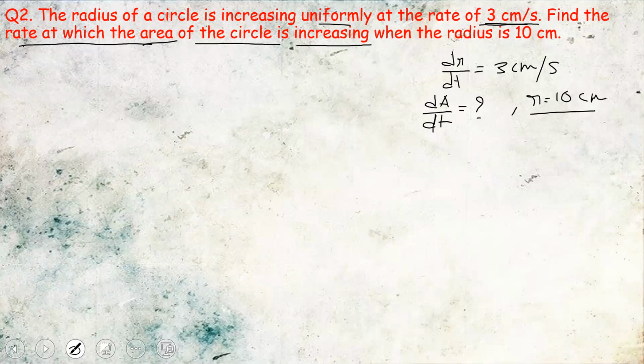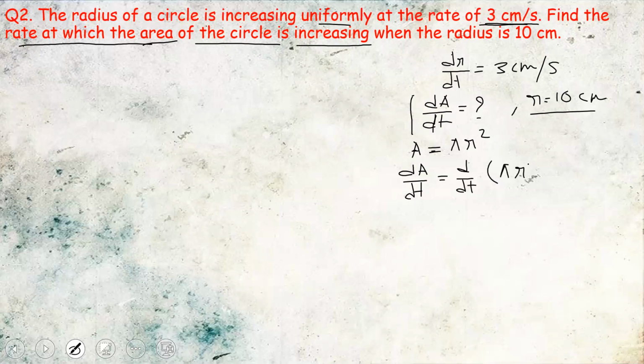When r is equal to 10 centimeter, that time I need to find this ratio or the rate. Now we all know the relation between A and r, that is area and the radius of a circle, that is pi r square. So what is dA/dt? Differentiating both sides with respect to t, we will get, so we will apply chain rule.